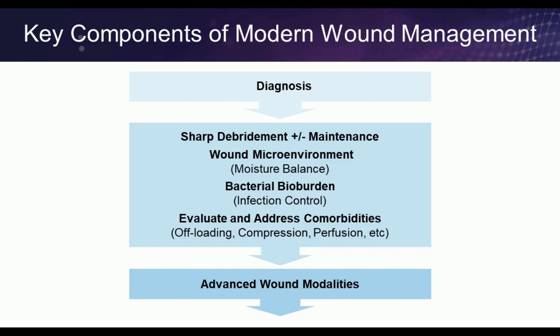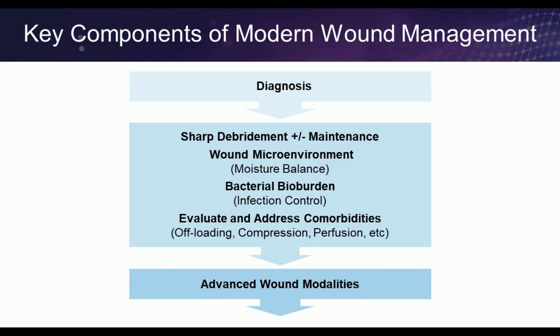Bacterial burden, not only is the wound grossly infected, but is there still an element of bacterial load within the tissues that could be better addressed using some type of antimicrobial approach, antimicrobial dressing, whether it's silver or iodine-based or any of the other types of modalities we have available.